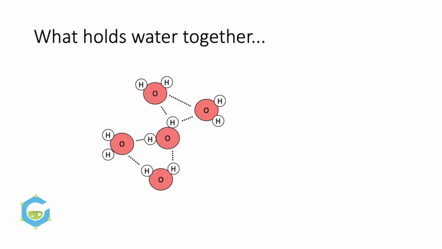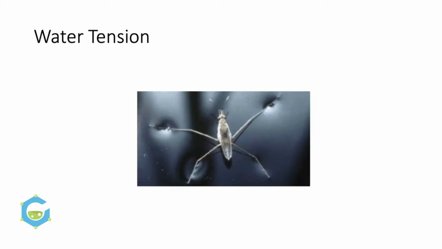While it's not as strong as an ionic bond or a covalent bond, it definitely is a reasonably strong force. That's why we can get things like water gliders that float on top of water. It's what we call surface tension.